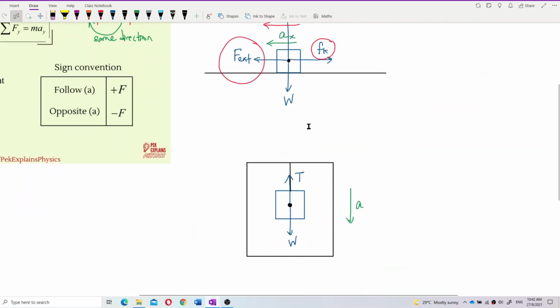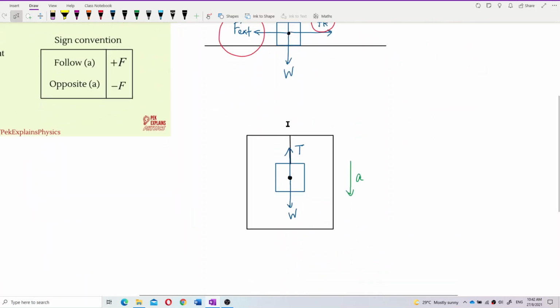But sometimes the object is moving vertically, like this is an elevator, a lift. The motion is vertical, so this acceleration is in the Y component. The resultant force is also in the same direction as the acceleration.